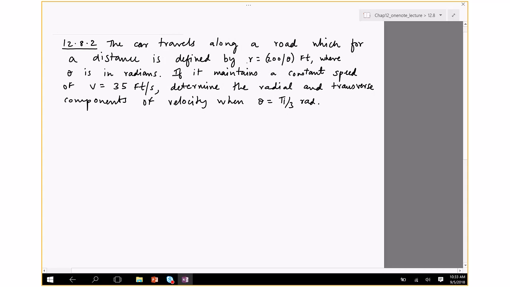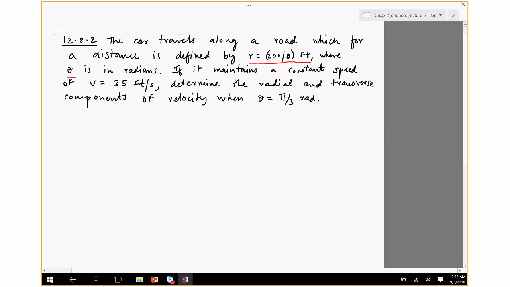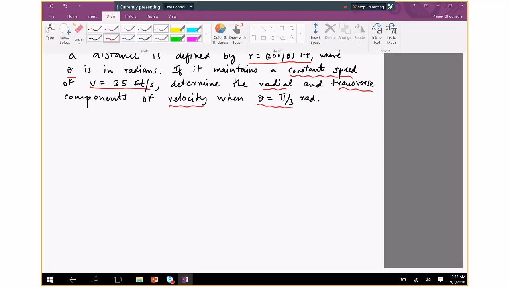So the car travels along a road which for a distance is defined by this formula. So that's how the curve, the radius, is described, where theta is in radians. If it maintains a constant speed, determine the radial and transverse components of its velocity when theta is pi divided by 3. So let's see what is asked.